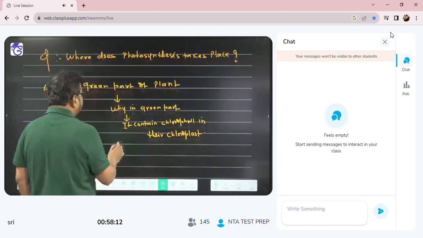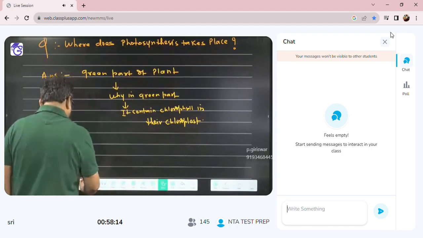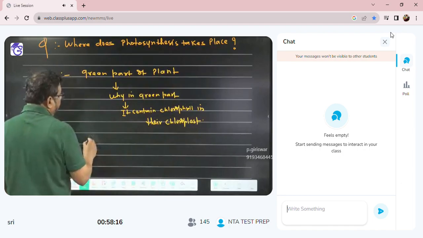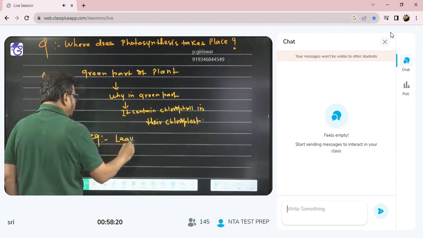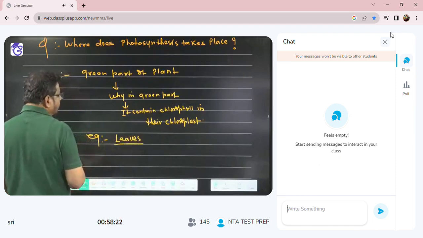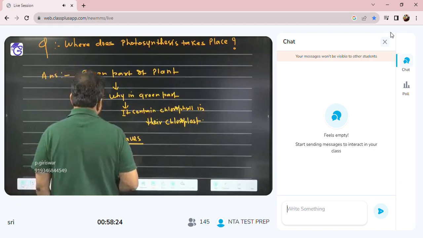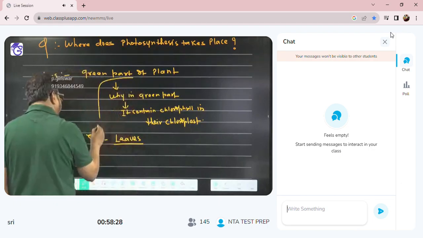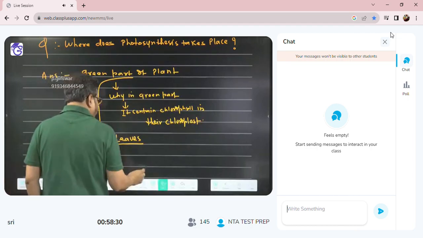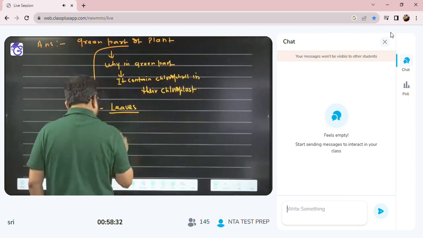Got the idea? Now if we talk about an example of the green part of a plant, it is leaves. Leaves are an example of the green part of a plant. So where in the leaf does photosynthesis occur?